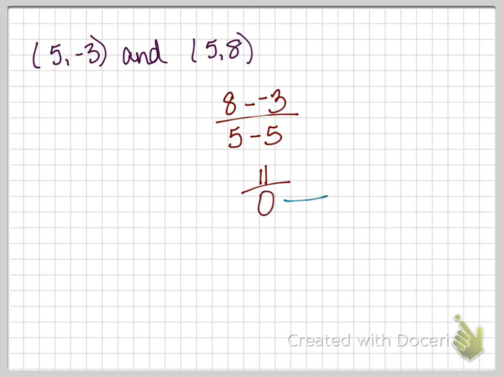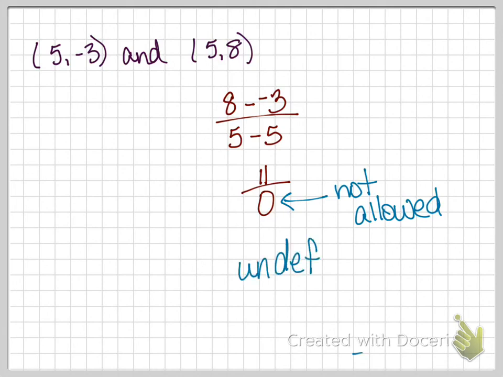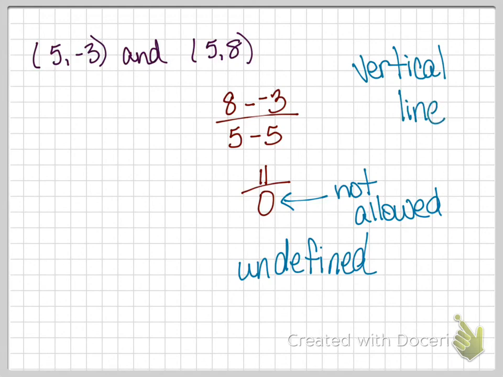You are not allowed to have a 0 in the denominator. And when you do have a 0 in the denominator, that means this is undefined. It means time has stopped. And that is not allowed. So this is a vertical line.